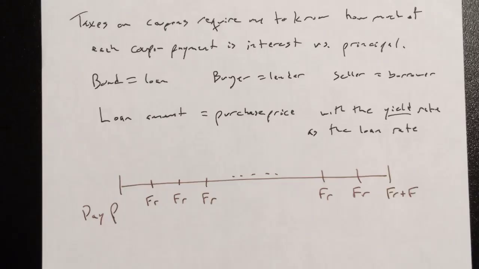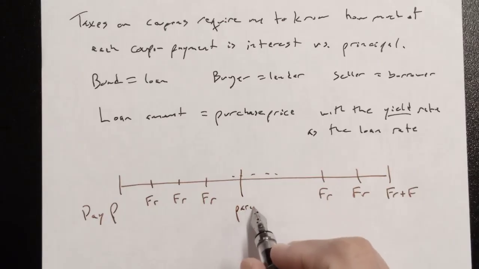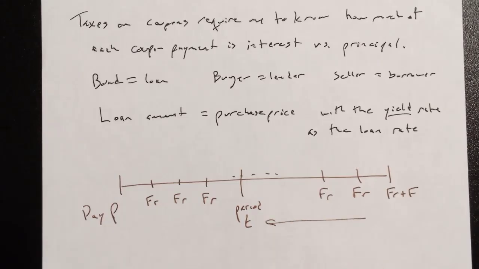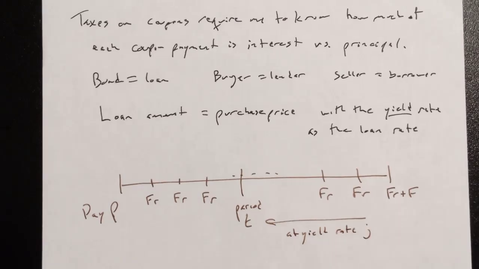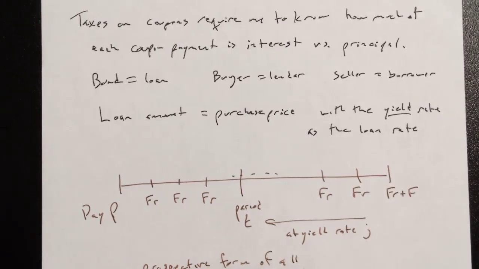If I think of all of these, let's pick a period I want to be brought back to, period T. I need to bring all of the periods that are still to come back to here at the yield rate J. Prospective form of all remaining coupons and the redemption value.